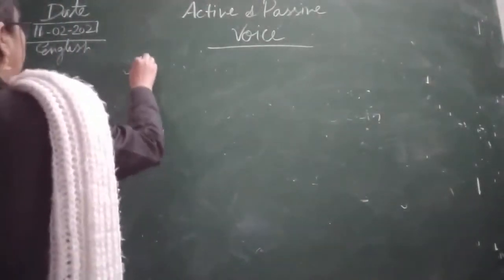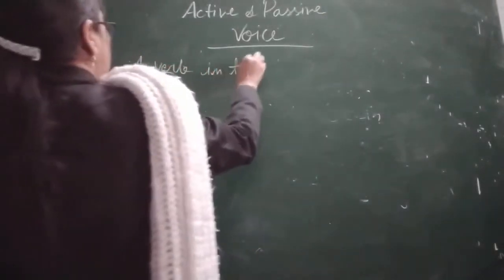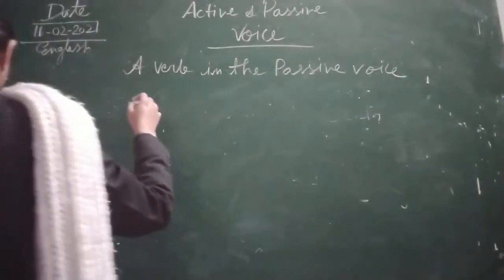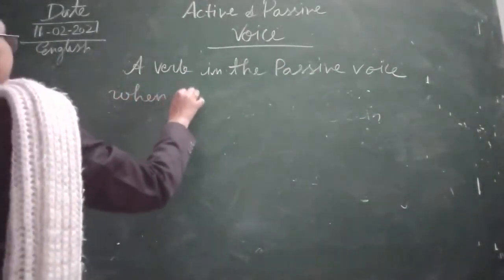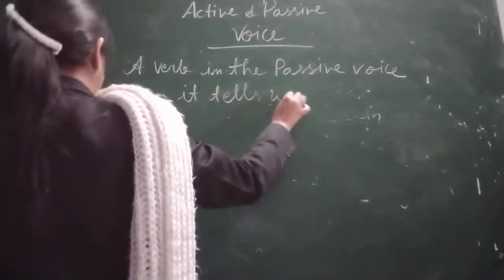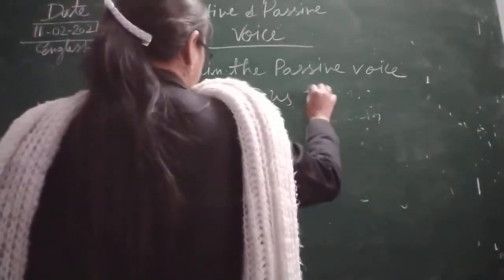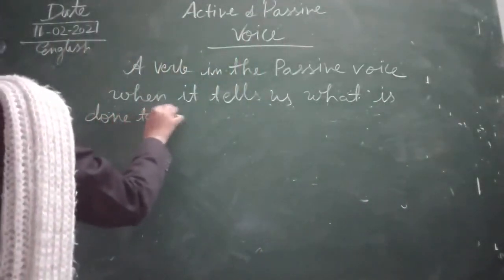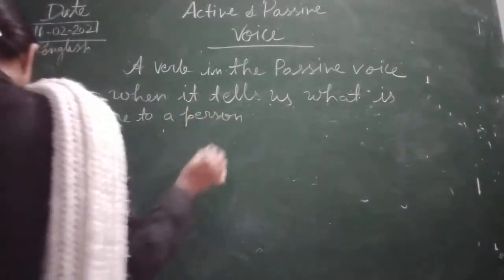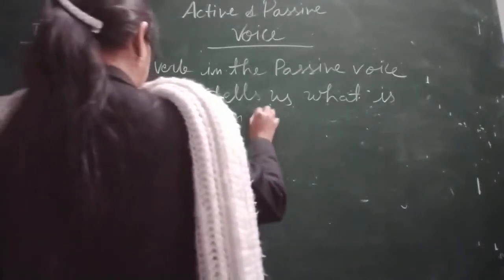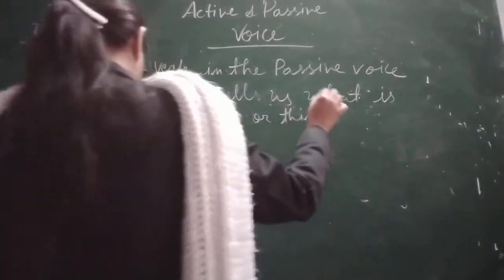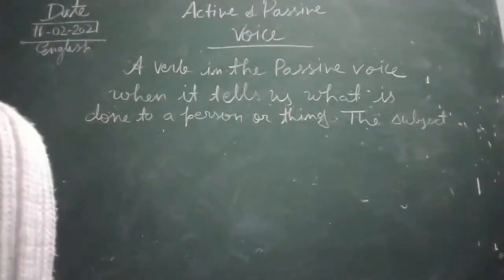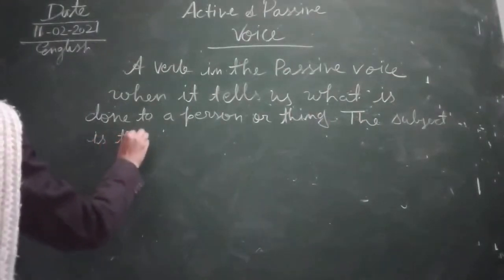A verb is in the passive voice when it tells us what is done to a person or thing, the subject is the receiver.